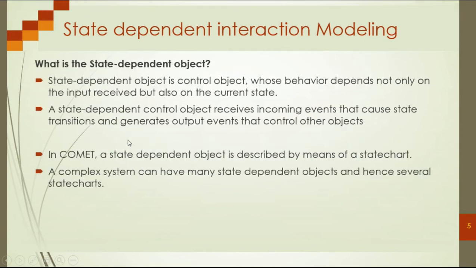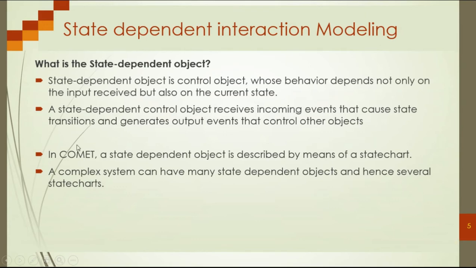So here, once this object receives an incoming event, this incoming event causes a transition, and this transition causes the execution of a state chart or state machine.